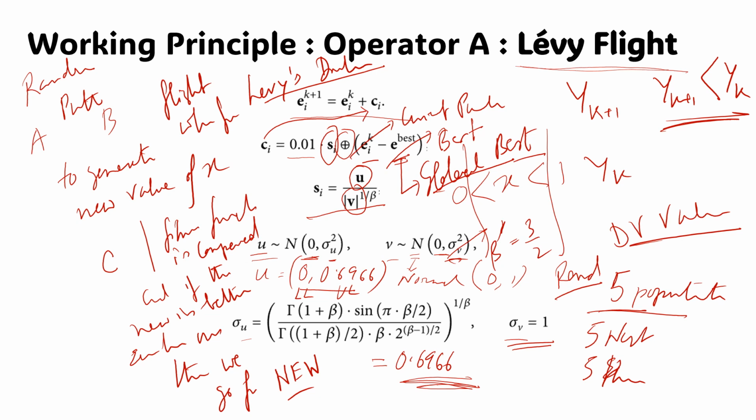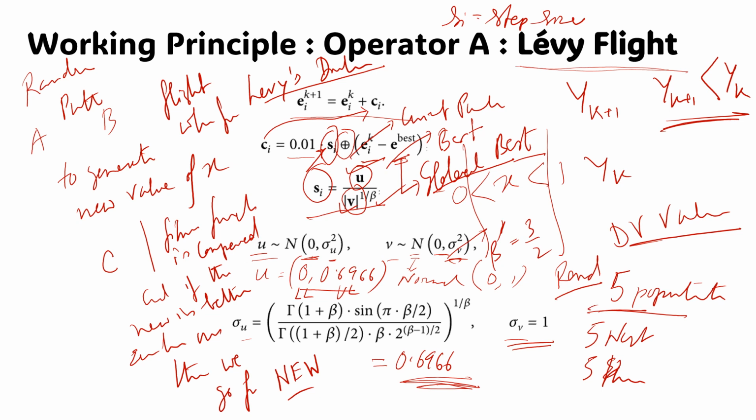So you will get the value of U, the value of V and beta to find the value of S_I, or step size. This S_I is also known as step size. Once you know the step size, you put it here, and then this E_I^k minus E best you have to collect from the initial population that you have already generated.